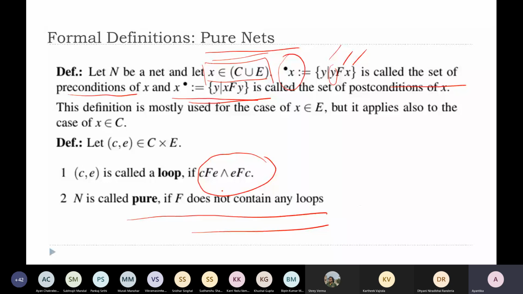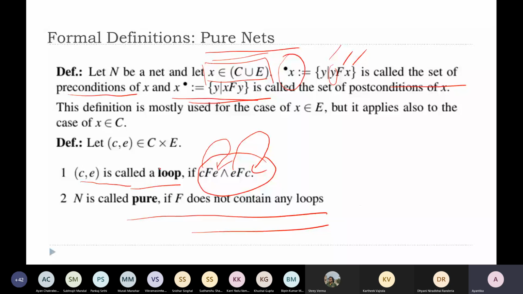That means for a particular condition, if any event and through some flow relation, if any event is getting satisfied, and for that event, if again that same flow condition, with some event and some flow relation, same flow relation, if the same condition C is getting satisfied, if both are true, then this pair is called generating a loop inside your net.